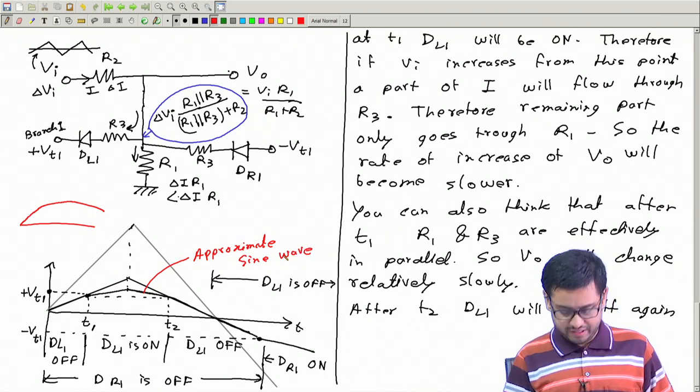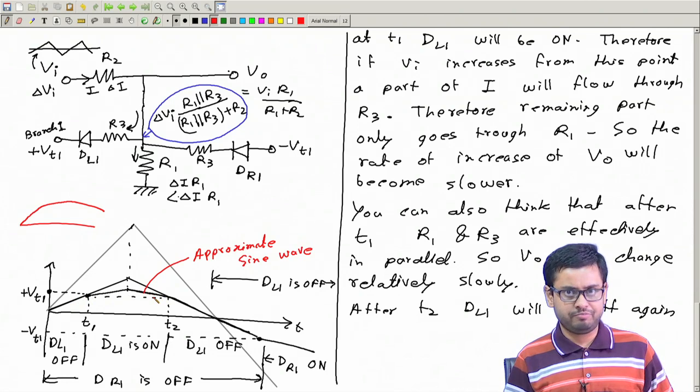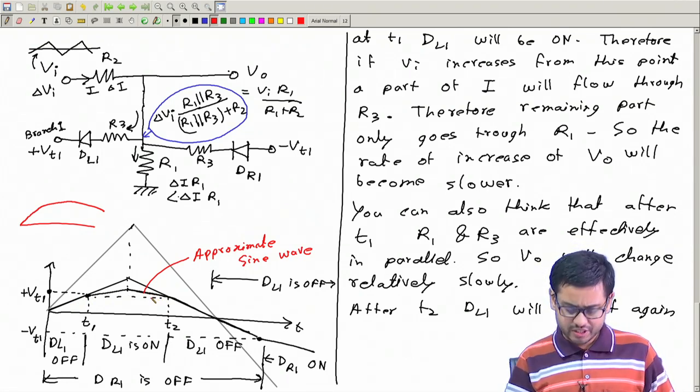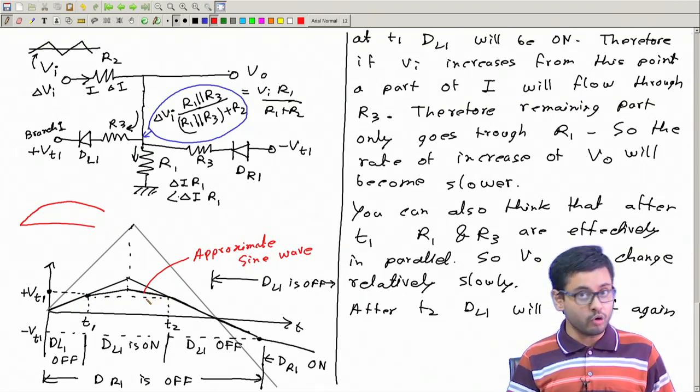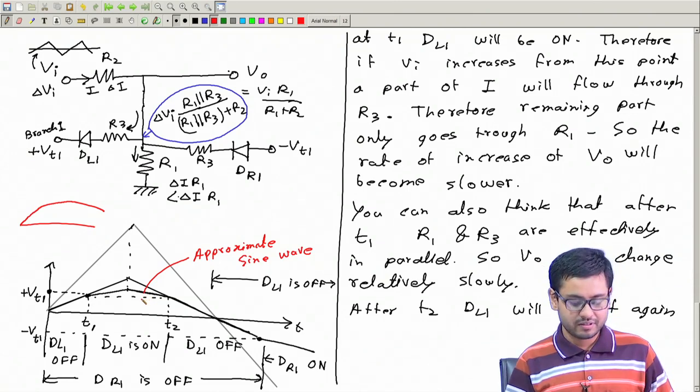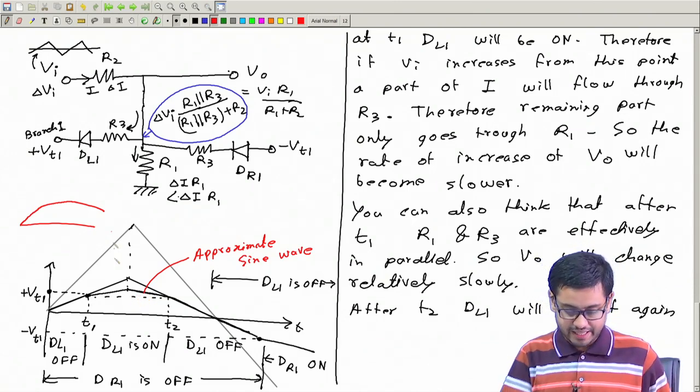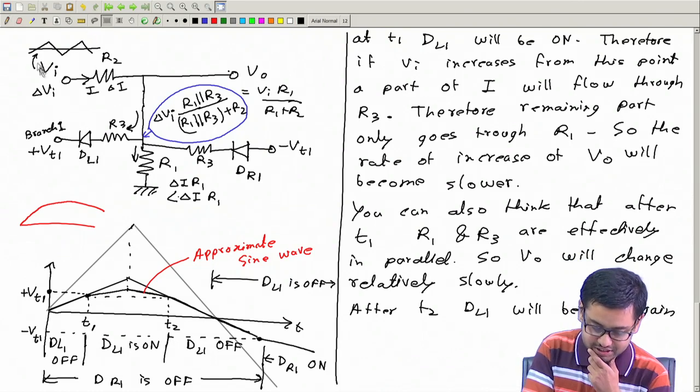You may not be happy, this is not very close to a sine wave. But if you want to make it closer to a sine wave, I can just extend this idea. How?